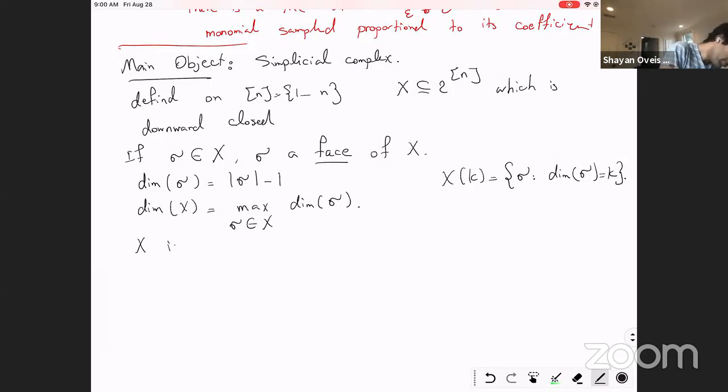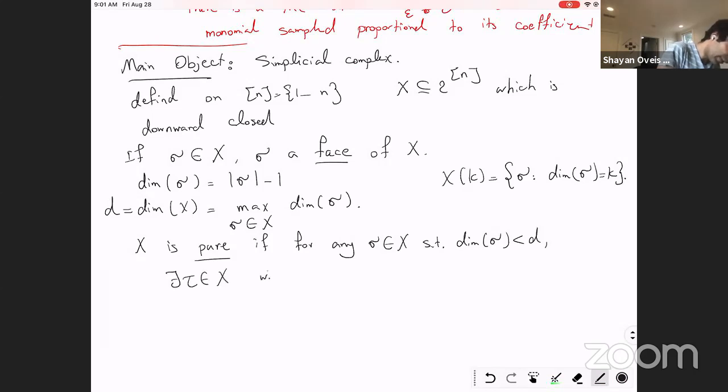I say X is a pure simplicial complex. Let's say the dimension of X is D. So I say X is pure if for any sigma in X such that the dimension of sigma is less than D, there exists some tau in X with dimension of tau equal to D such that sigma is a subset of tau.